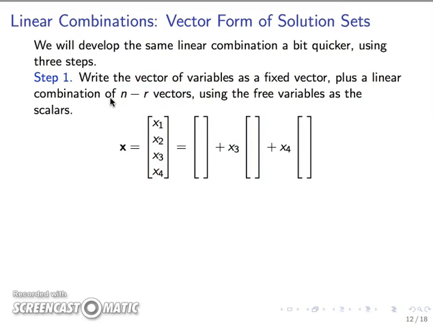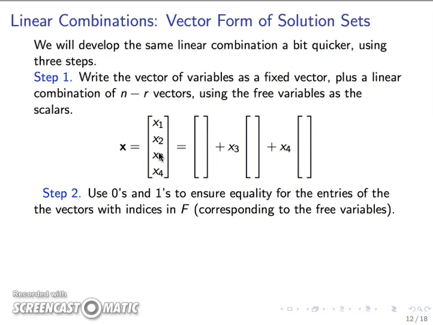Step 2, well, this is step 1 in this particular example. So we write these vectors indicating with some blank entries, keeping in mind that each of these vectors has 4 locations, in this case. So then we're going to write zeros and ones.